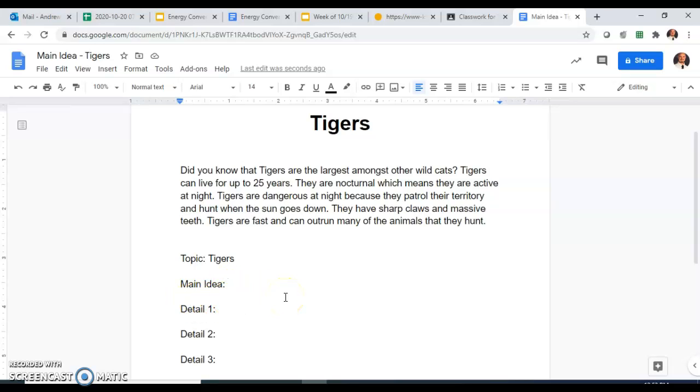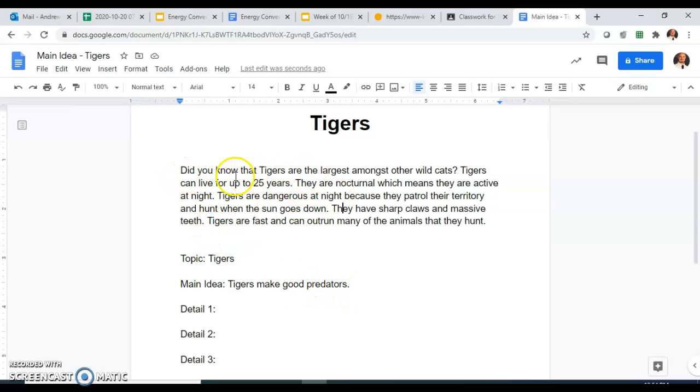So let me just plug that in, and let's see if we can find 3 details that support it. Tigers make good predators, period. I'll know that it's not a good main idea if I can't support it with 3 details from the text. So let's see if I can find 3 details that support that tigers make good predators.